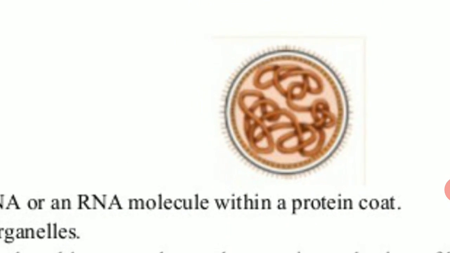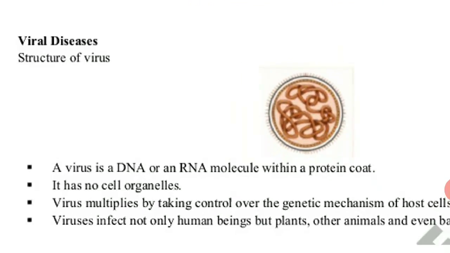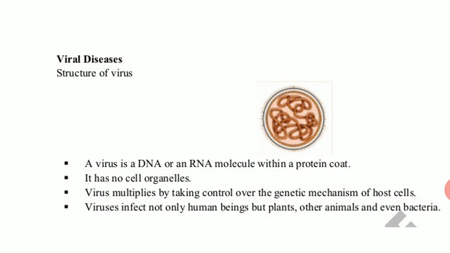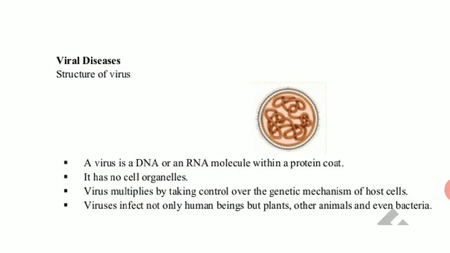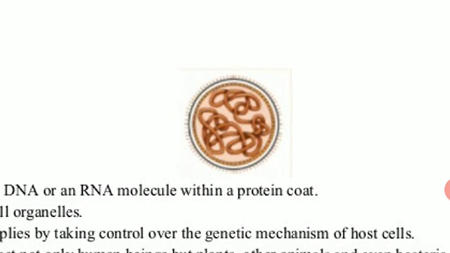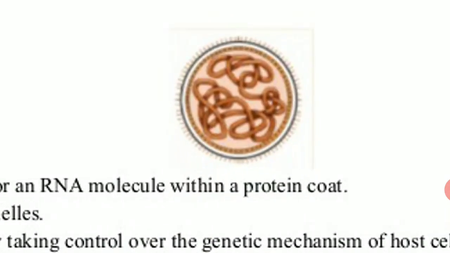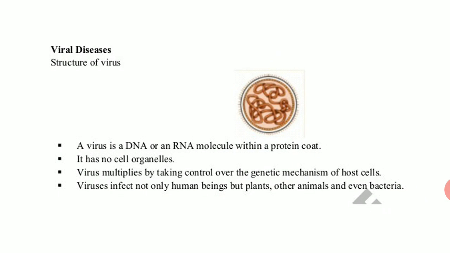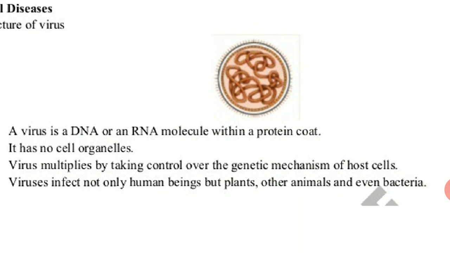Okay, you may be familiar with coronavirus. All of you know virus. We are in threat of coronavirus. The shape of corona will be different, designed by scientists. This is generally a virus. No cell organelle. Then I told you how it multiplies.